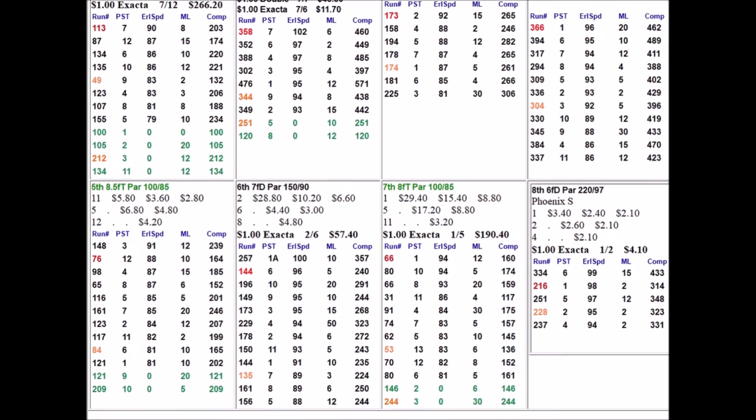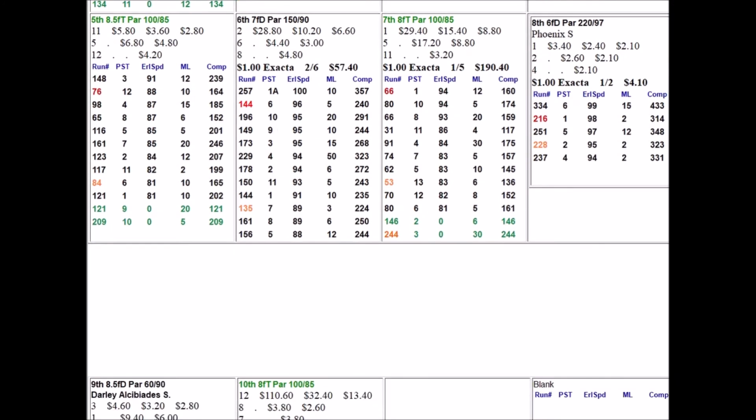But anyway, as we go through the card, you don't need to pay much attention to the sixth race here, where there were two pairs of horses, the 6 and the 1, and then the 3 and the 2. The 3 and the 2: 178 run rating for the 2, 173 run rating for the 3.